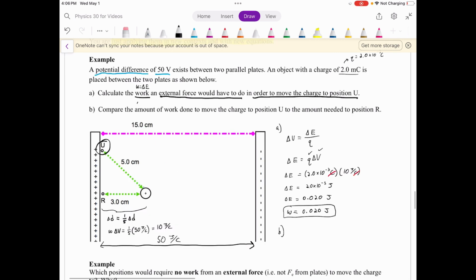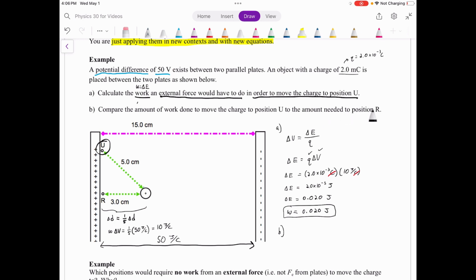All right, so now B asks us to compare the amount of work done to move the charge to position U to the amount of work that would need to be done to move it to position R. Well, the only difference between U and R is in this axis, right? So moving it to position R is actually going to be changing its energy by the same amount as moving it to position U, right?